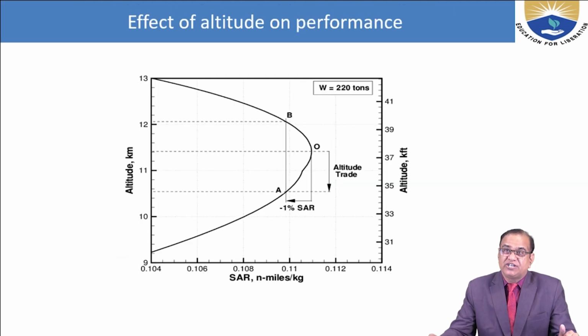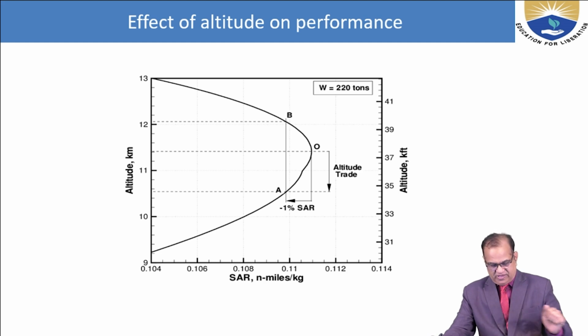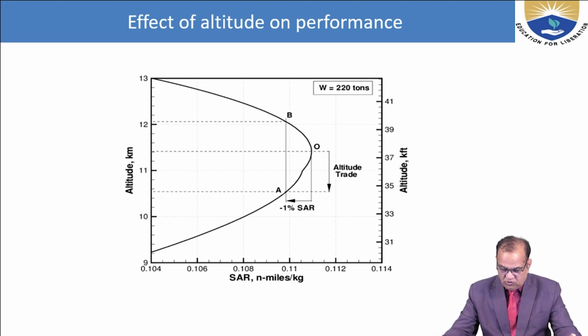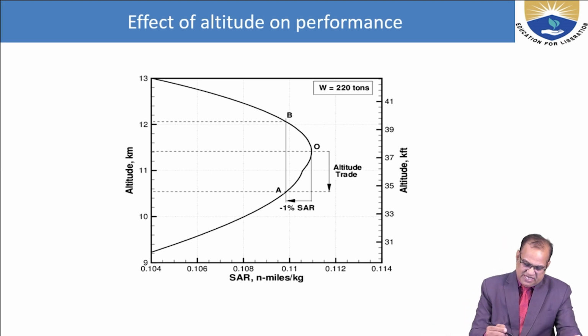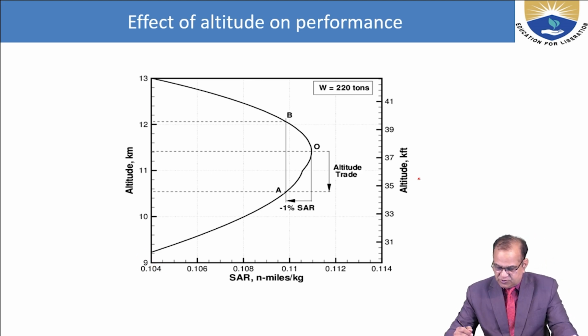Now, effect of altitude on performance. So, we will see how the performance of the aircraft varies with altitude. In kilometers it is 9 to 13 kilometers. If you see in feet, it is 31,000, 33,000, 35,000, 37,000, 39,000 and 41,000, and the weight of the aircraft.